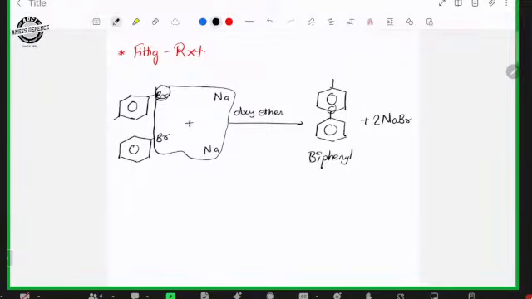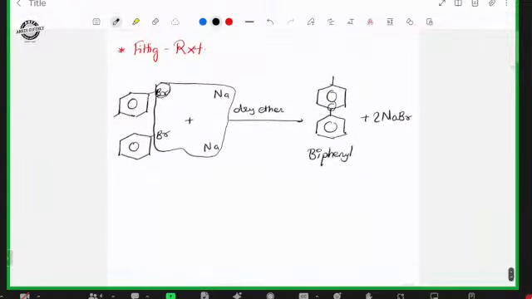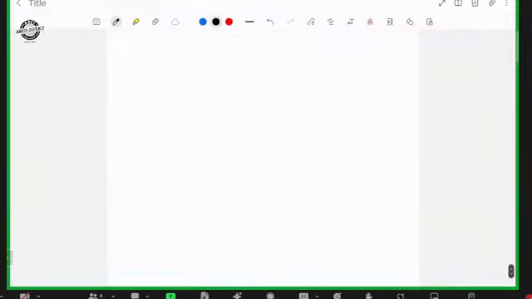Okay, fine. Now we are in the last part of this chapter, and this is very easy. That is electrophilic substitution reaction. Whenever you look into the chapters of organic chemistry, the last part, that is electrophilic substitution reaction, is common in each and every chapter.